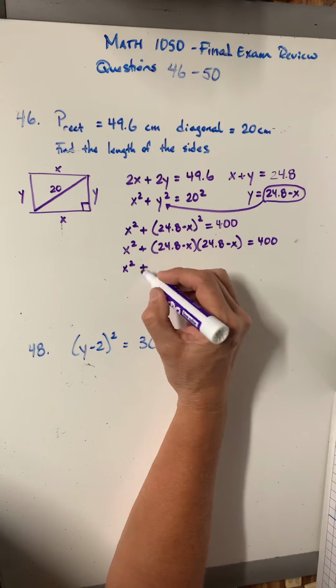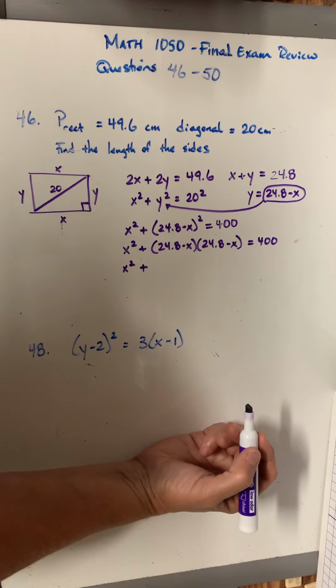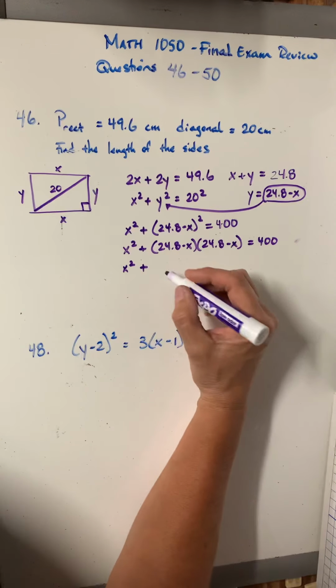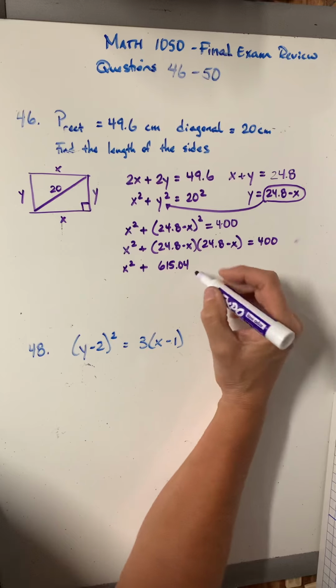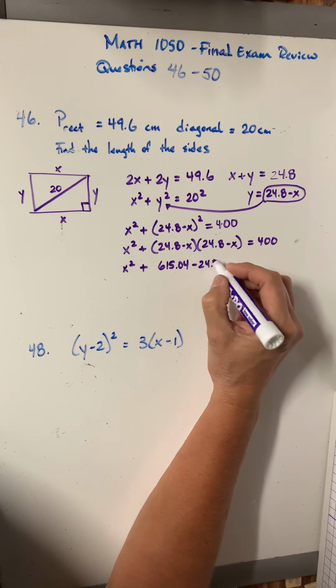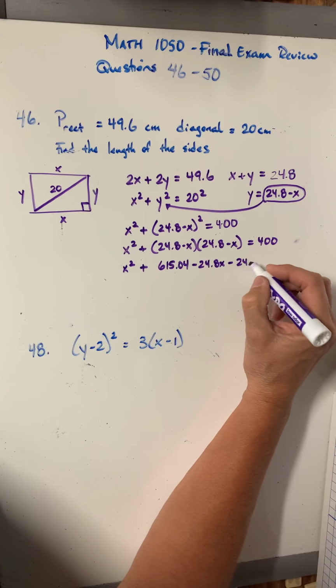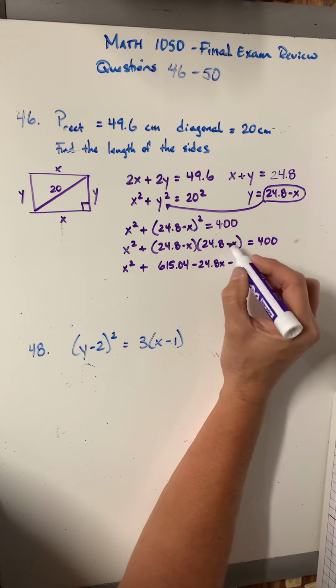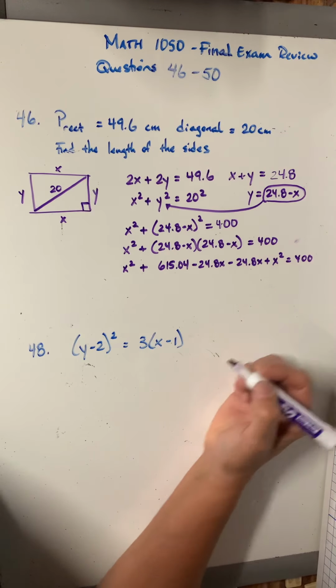X squared plus 24.8 times 24.8 is 615.04. 24.8 times minus x is minus 24.8x, and then minus x times 24.8 is minus 24.8x. Negative x times negative x is plus x squared, equals 400.